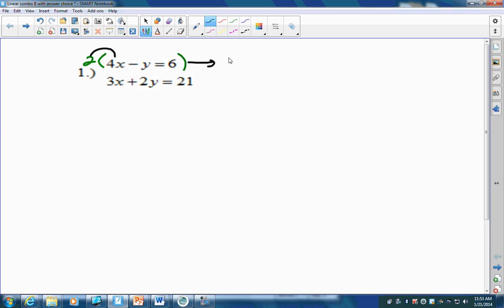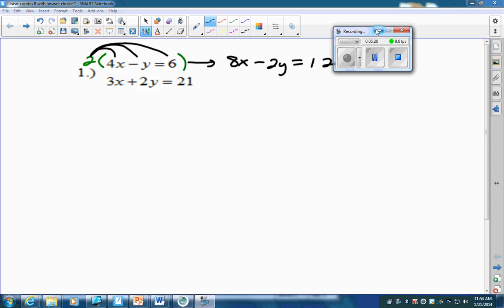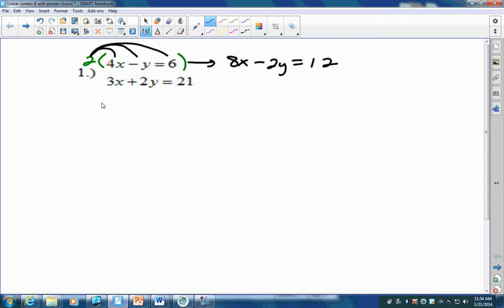2 times 4 is 8x. 2 times negative y, negative 2y. 2 times 6 equals 12. Now the bottom one right here, I'll rewrite it, and I have 3x plus 2y equals 21.